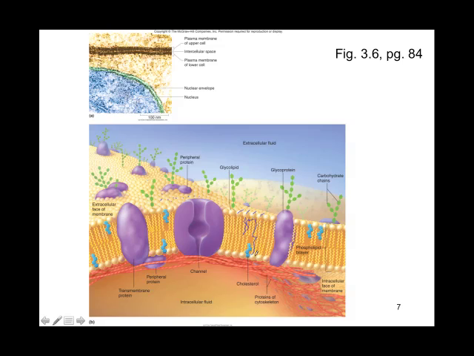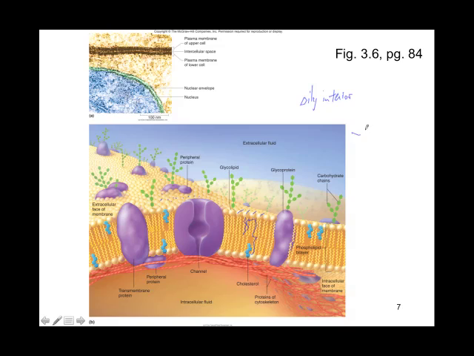So what we're going to find in the center of this phospholipid membrane is essentially a very oily interior because it's made of those fatty acid chains. And because of this orientation of these phospholipids, this is what allows certain things to actually pass directly through the membrane or not.